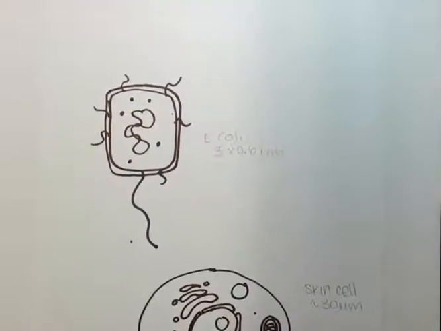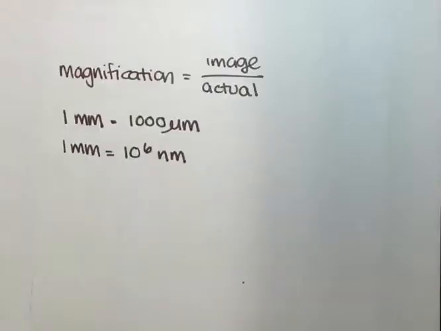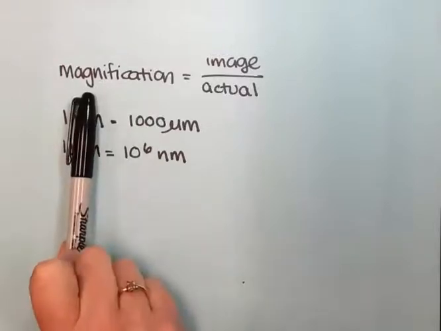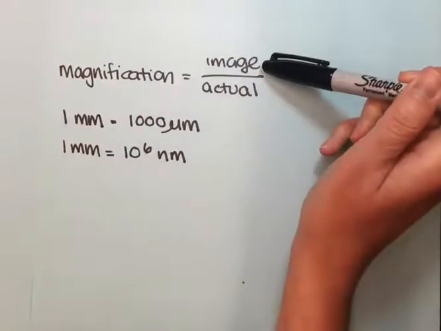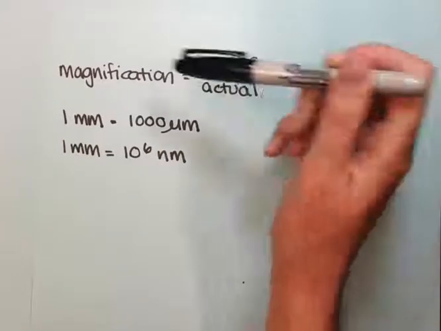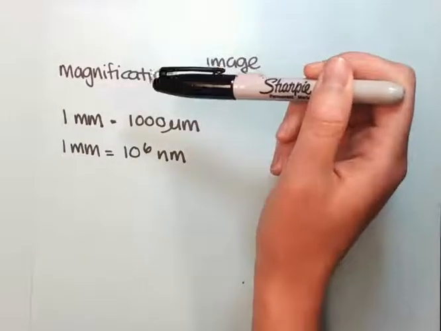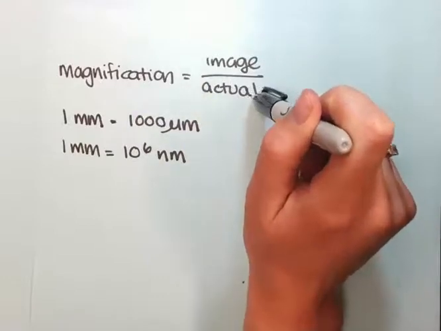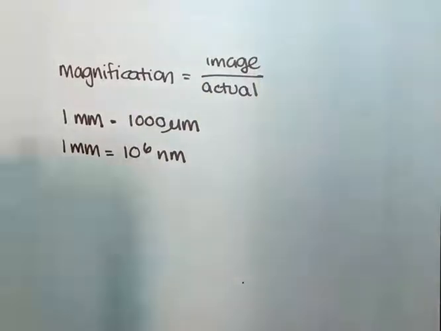So first let's talk about what magnification is and how to calculate it and all of that good stuff. So magnification is going to be equal to image over actual. Basically what we're saying is how much bigger or smaller than the actual thing is the picture I'm seeing.